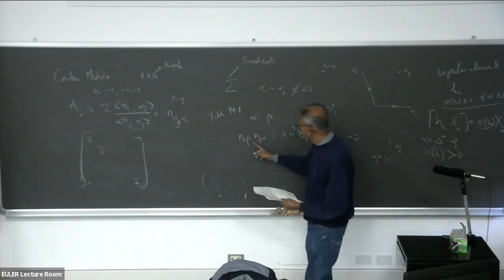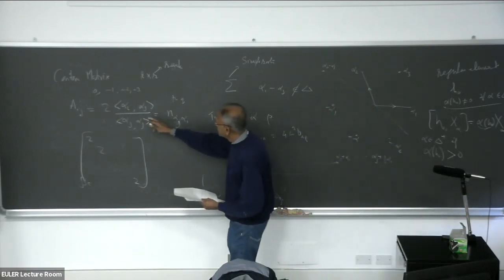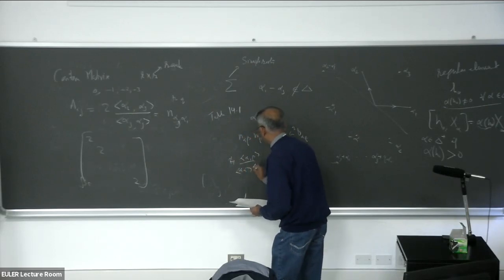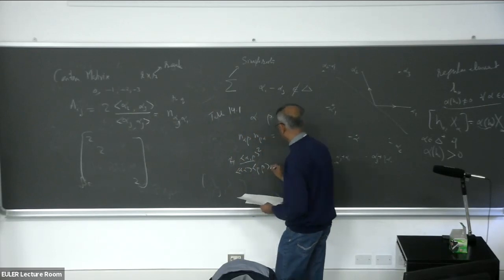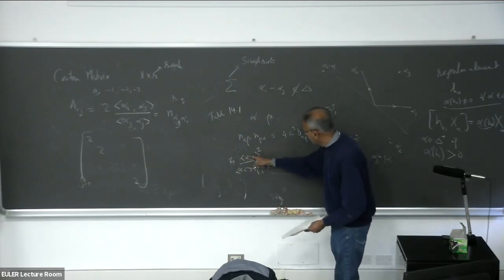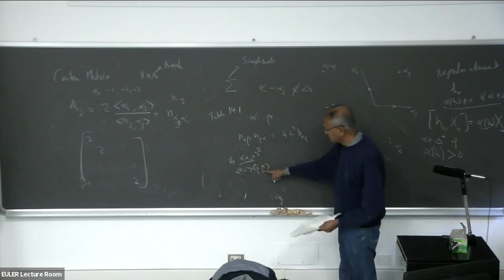Because when you take the product, the product is simply 4 (alpha, beta) squared over (alpha, alpha) and (beta, beta). So that's why this becomes that. The length of alpha squared cancels with this length of alpha squared, and the length of beta squared cancels with that.